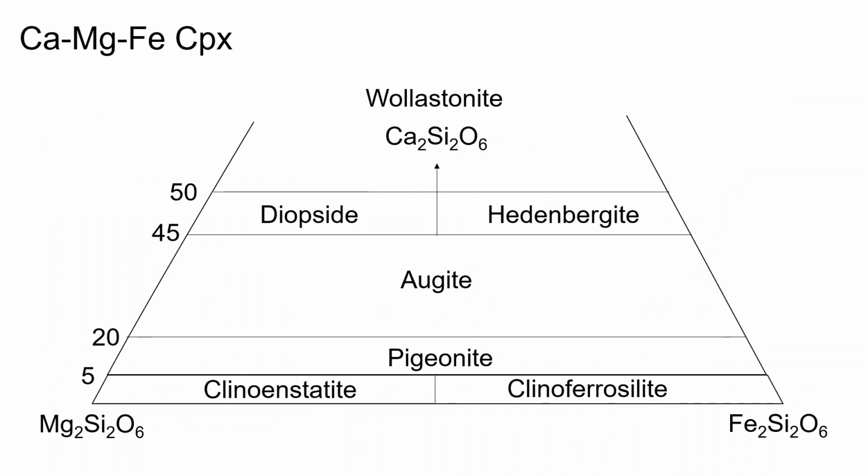Now, once we look at the classification, I have told you that pyroxenes can be considered as members of four-component systems. Mind it that unlike the other mineral groups, we don't use a triangular diagram for understanding the classification of pyroxenes.